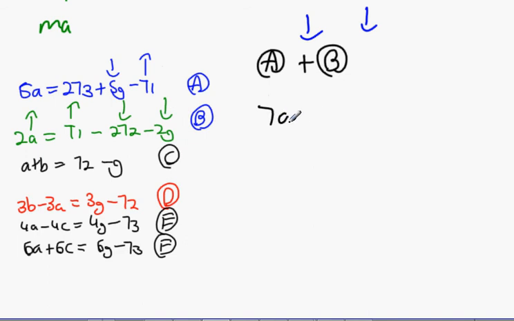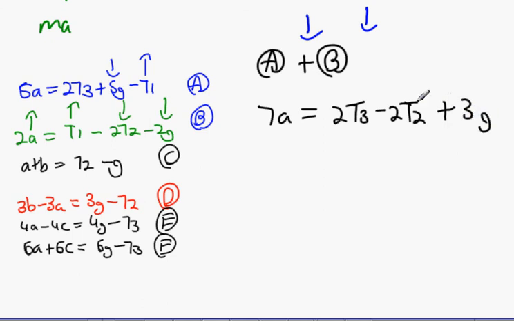So what we get is 7A equals 2T3 minus 2T2 plus 3G.